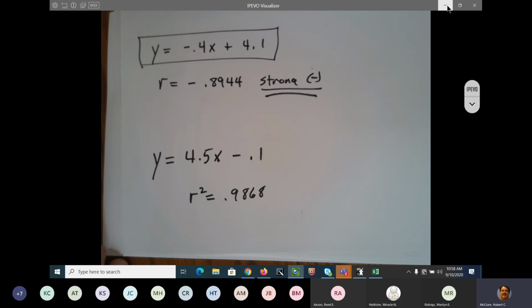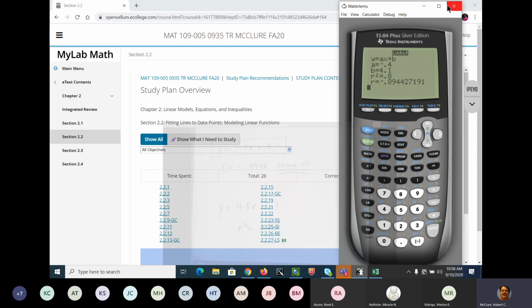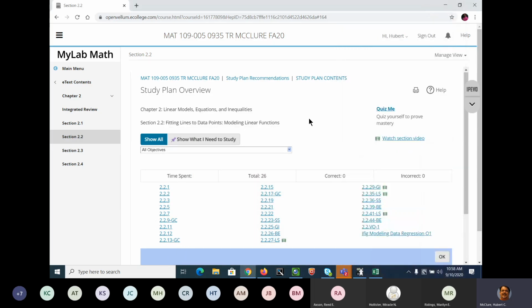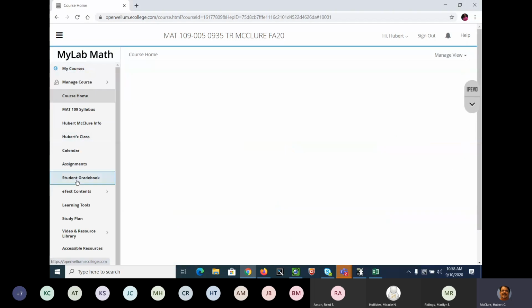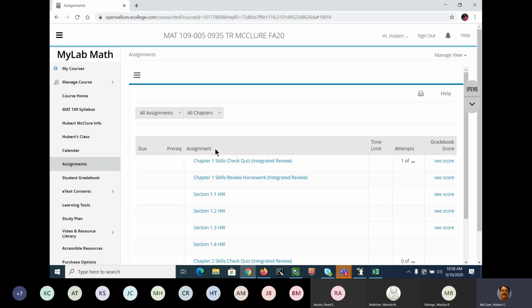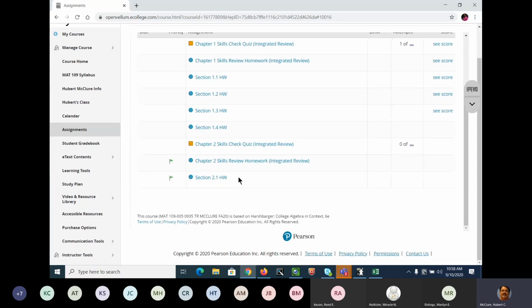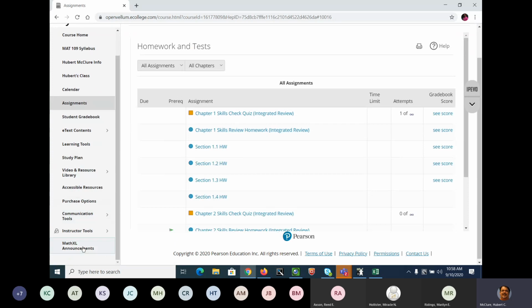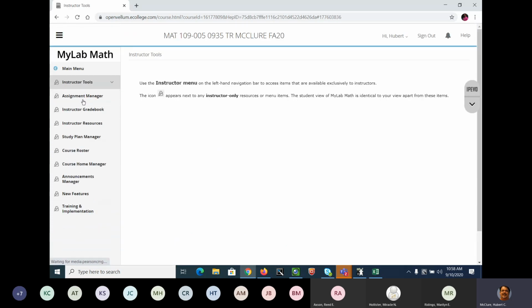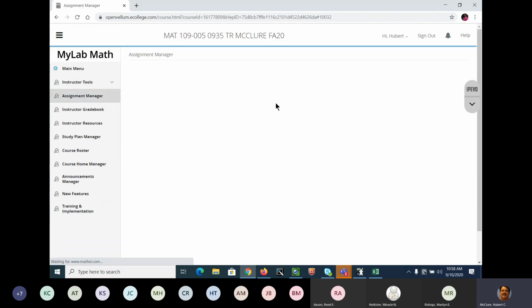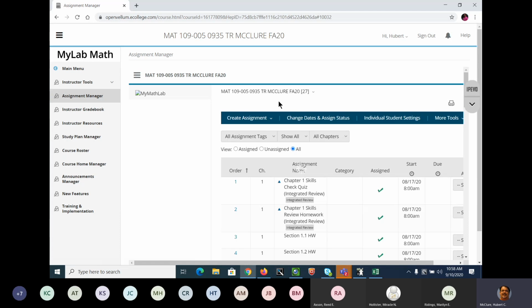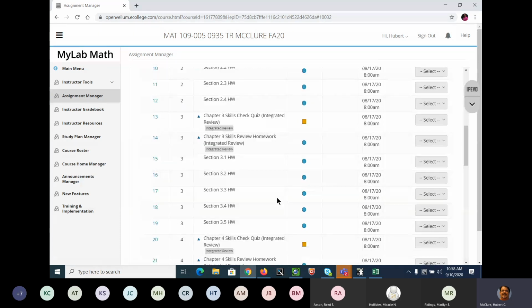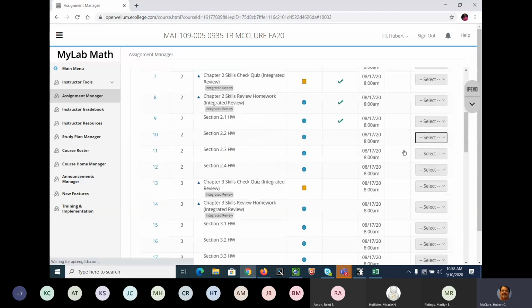So that means on your homework, I want you to use the technology. Let's see how many questions you got in homework. Let's see, 2.2. Okay, I hadn't assigned it yet, so I'll go ahead and assign it right now. Instruction tools, assignment manager, 2.2, assign.